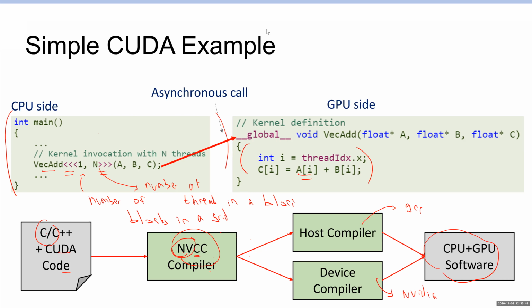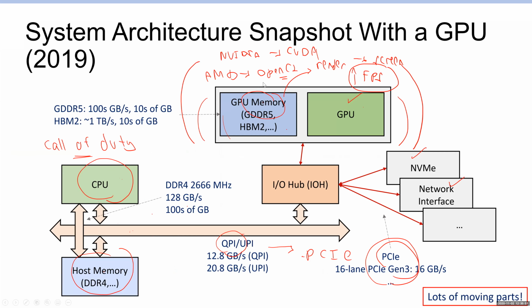Okay, so let's go back to the slide here. This slide is interesting. This is what is in your computer. In summary, in your PC, you have your CPU and then your GPU over here.